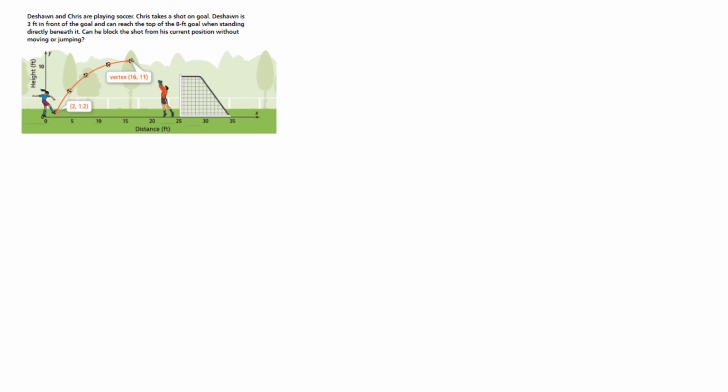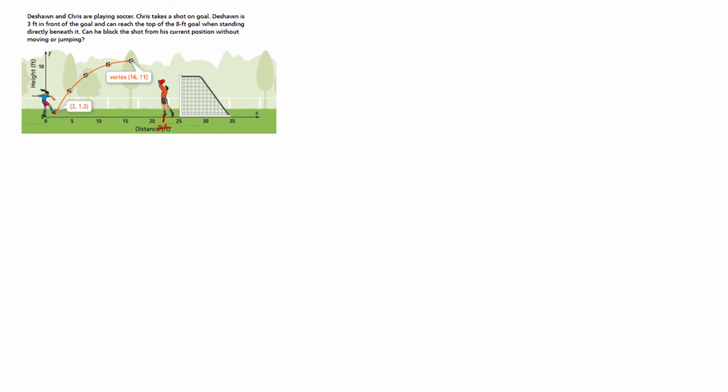All right, so there's a lot going on here. Where do we start? Well, we can start just by kind of simplifying it. So we have Deshaun here, and really, so the goal is at 25. Deshaun is 3 feet in front, so at 22, and can reach 8 feet.